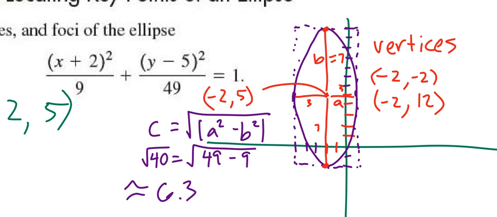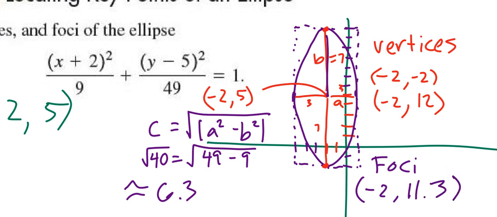Okay, so foci. Yes? So negative 2 what? What are you doing with this distance? You're going up 6.3 units. 11.3 units.